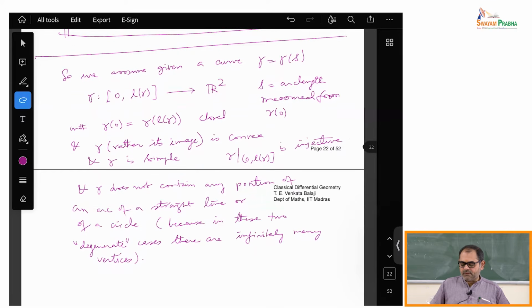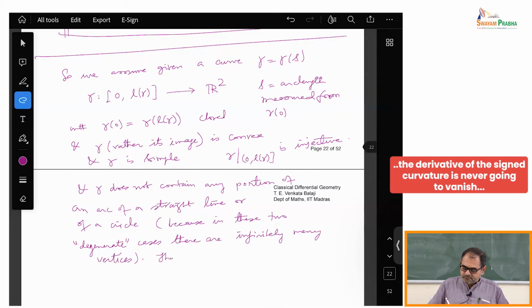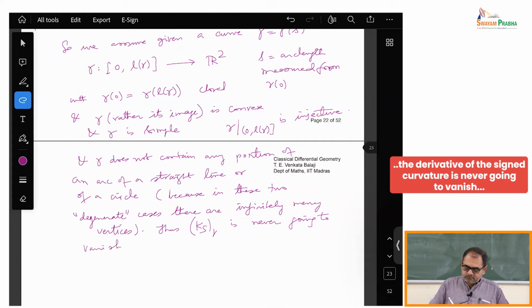So if you take the sine curvature of gamma and you take its derivative, that is never going to identically vanish on any subinterval of 0 to L of gamma.